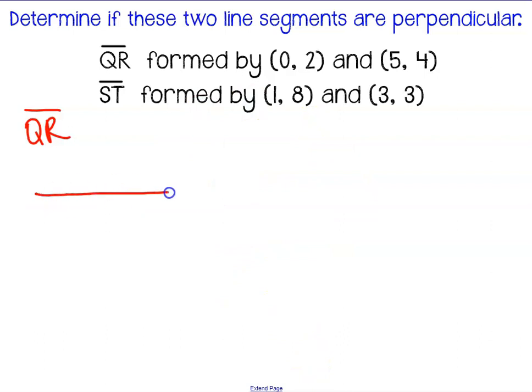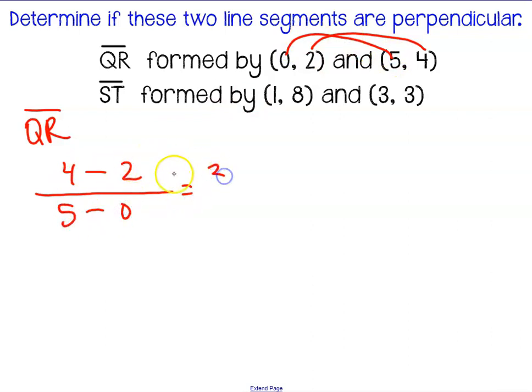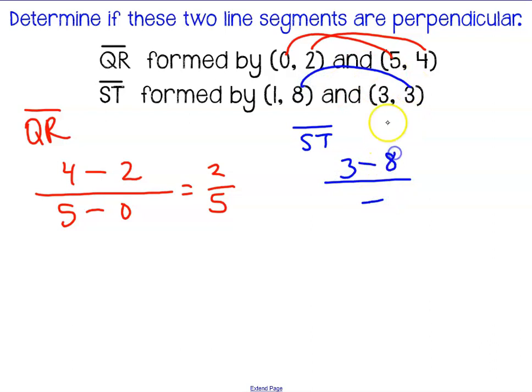All right, start by setting up my subtraction fraction and doing y minus y and x minus x. It gives me the value of 2/5. And now I'm ready to find the slope for segment ST. Again, set up your subtraction fraction, y minus y and x minus x.